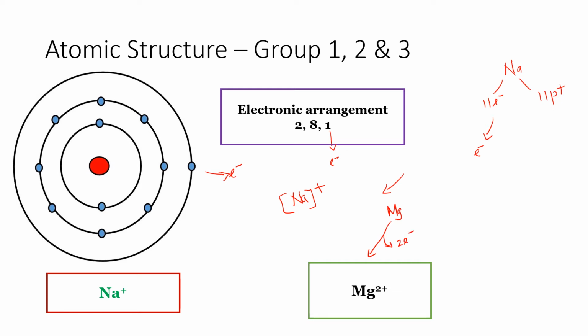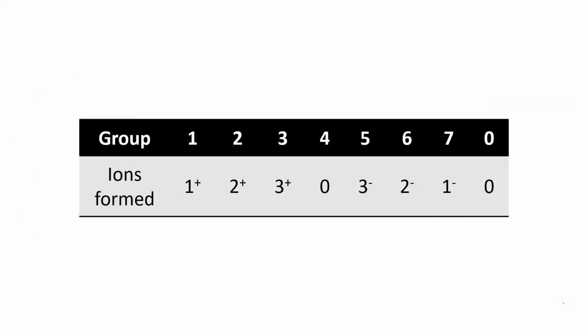Group 3 elements lose 3 electrons to get 3 plus charge. Example, aluminium. Group 4 elements do not lose or gain electrons, instead they share electrons in a covalent bond. We will look at this in the next video.